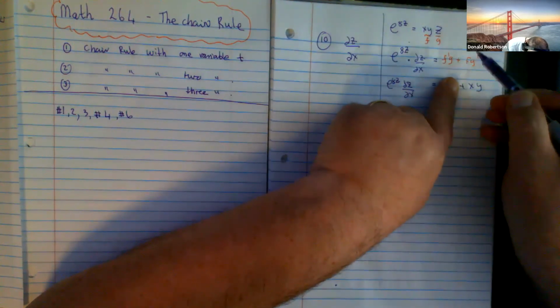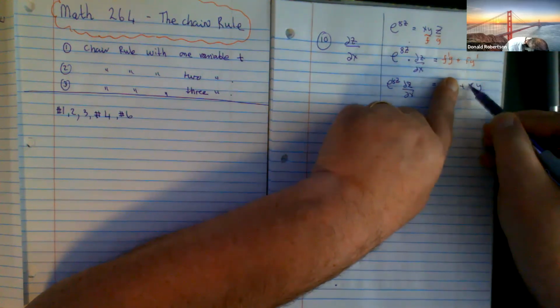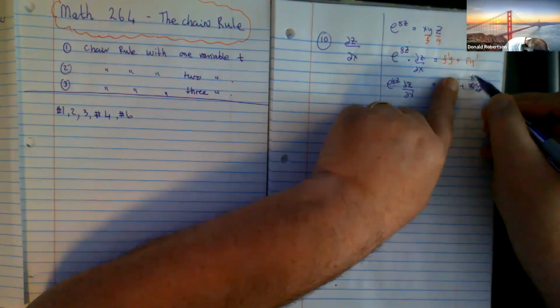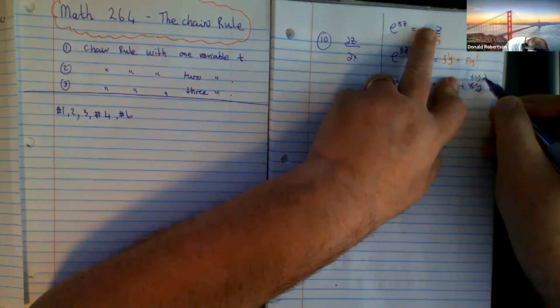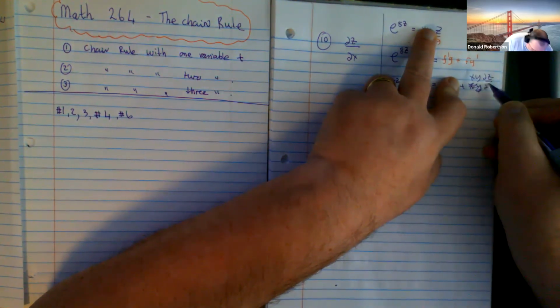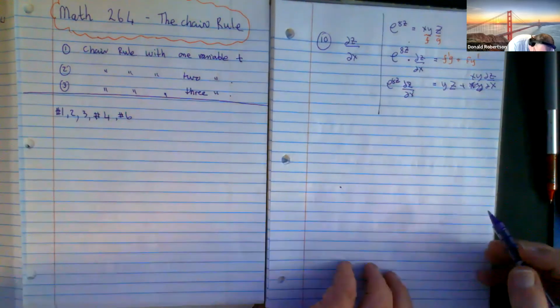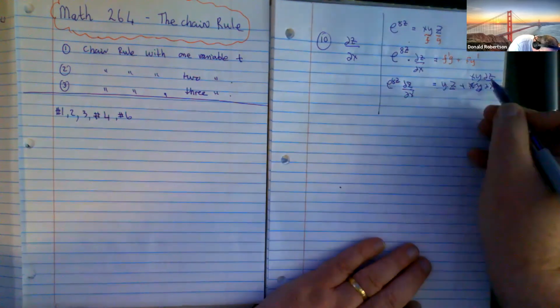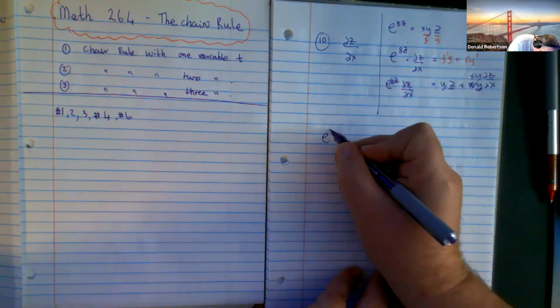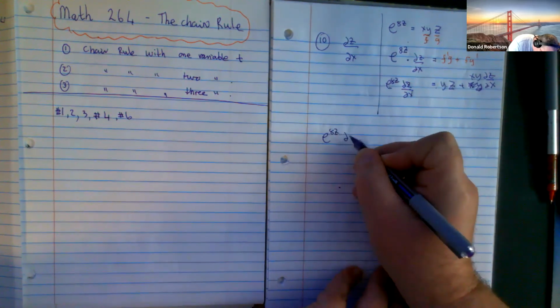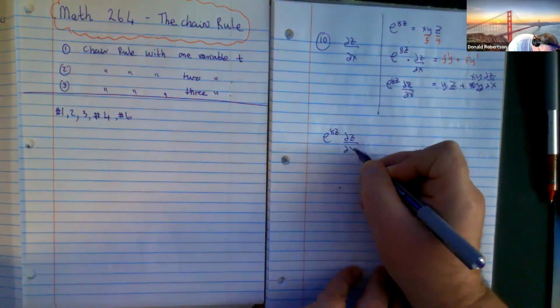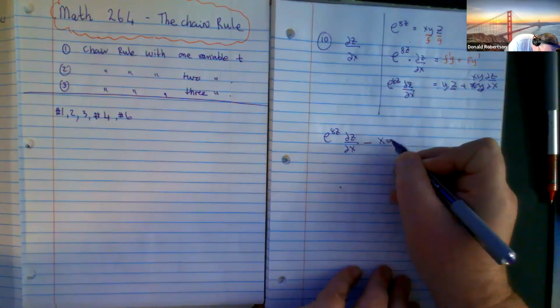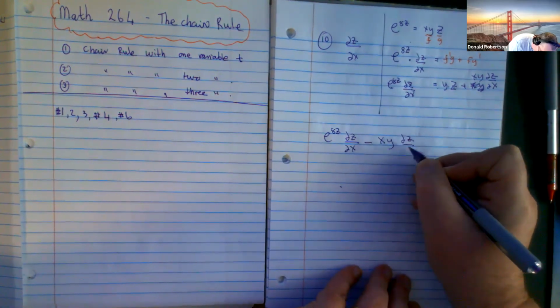If you differentiate, you're going to get xy. But differentiate that, you're going to get dz by dx. There, that's the bit that I missed. So I've got this term equals that term plus that one. I'm now going to move this over. So I'm going to have e to the 8z dz by dx, take away xy dz by dx equals yz.